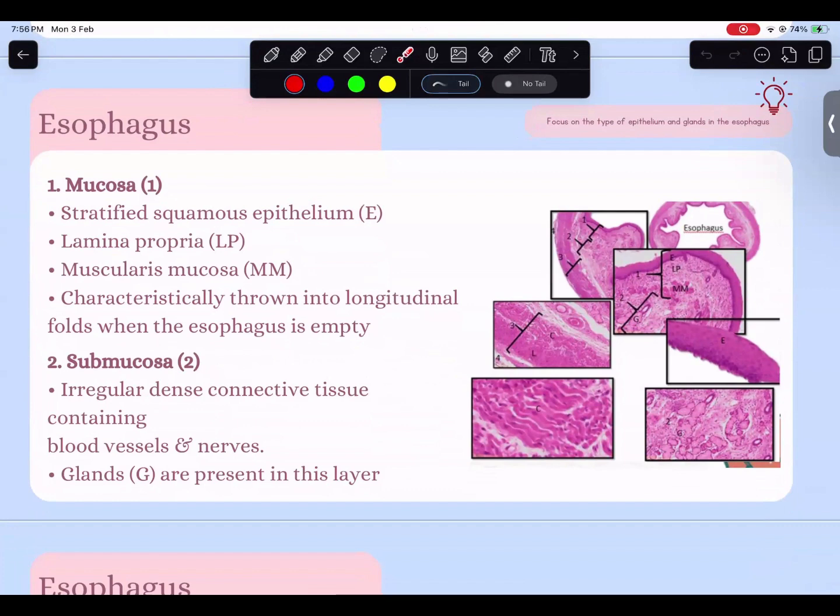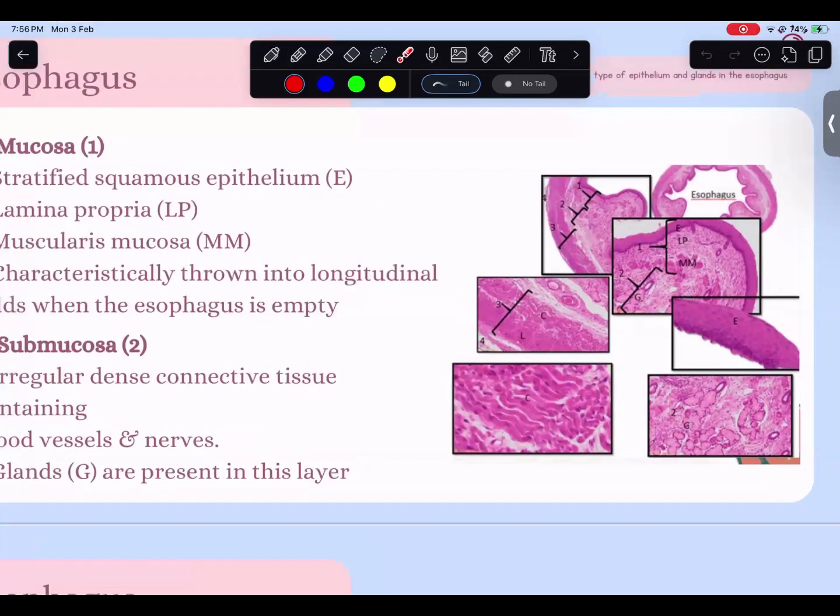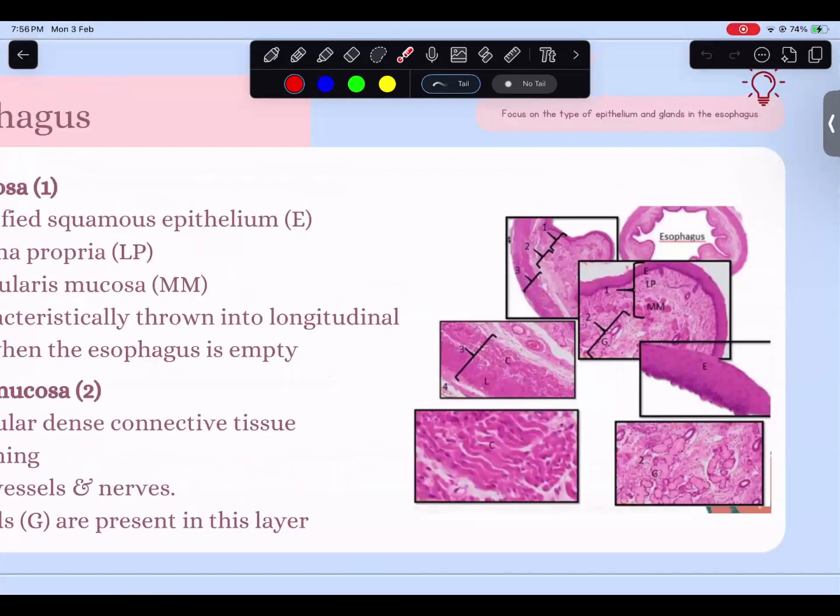We talked about the mucosa, submucosa, muscularis externa, and adventitia. In the mucosa, we have the stratified squamous epithelium. Very important to remember the epithelium of the esophagus: it's stratified squamous. Then it's lined by the lamina propria and muscularis mucosa. Let me show it to you here. So this is the stratified squamous epithelium of the esophagus, then lamina propria, and then muscularis mucosa.